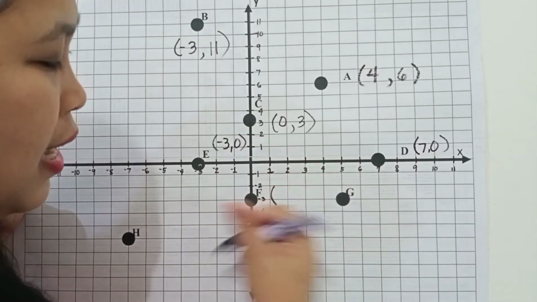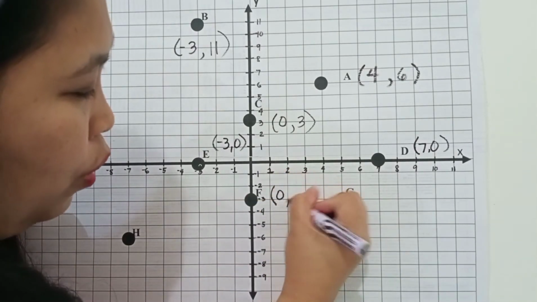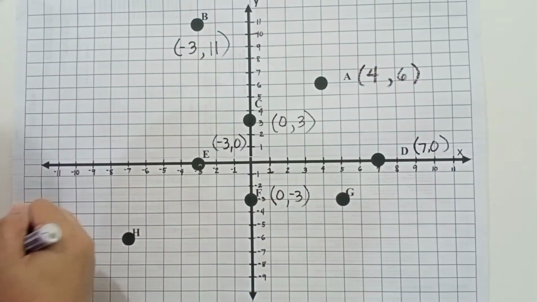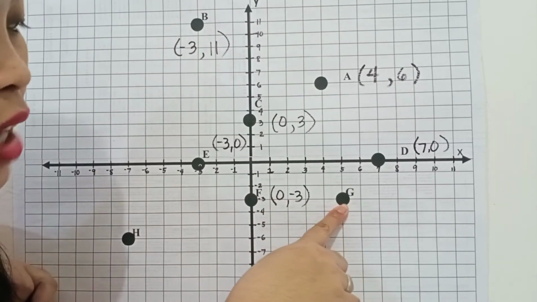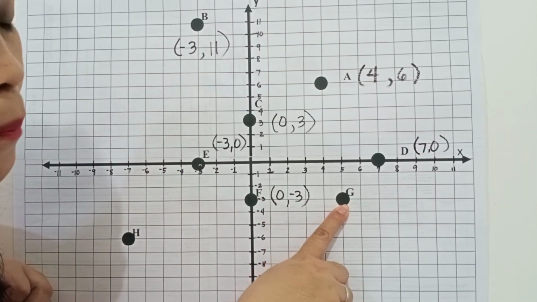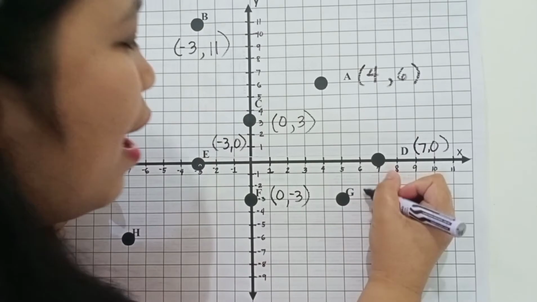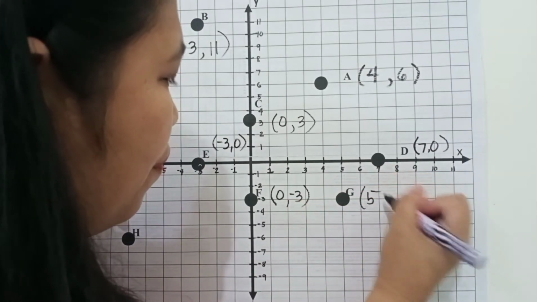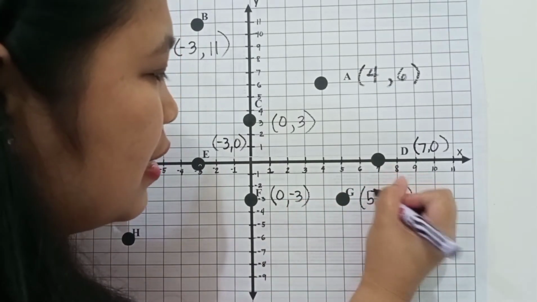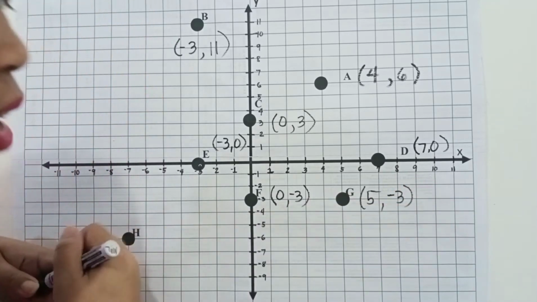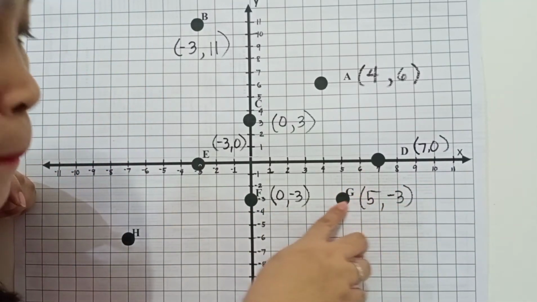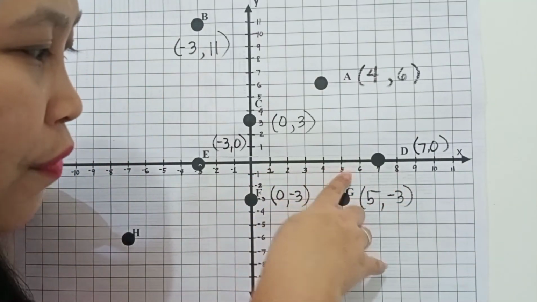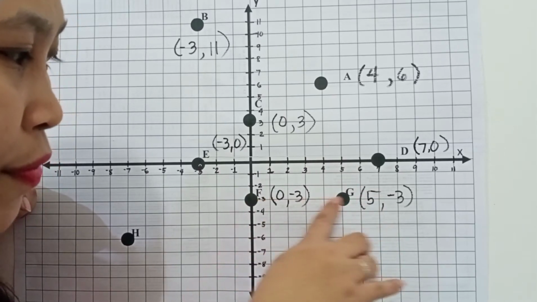So this is 0, negative 3. And our point G, so this is our point G. If you are going to name point G, we have positive 5, negative 3, since it is located in quadrant 4. So, positive 5, 1, 2, 3, 4, 5, and then negative 3.